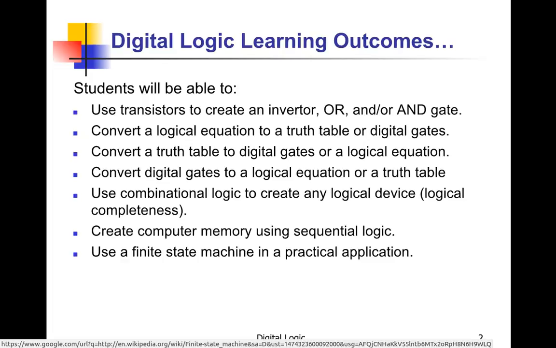Hopefully you'll be able to convert logic to a truth table and vice versa. And you'll be able to use combinational logic to make any logical equation, and hopefully you'll be able to understand memory and using sequential logic, and also understand a finite state machine, and maybe even do something practical with that.